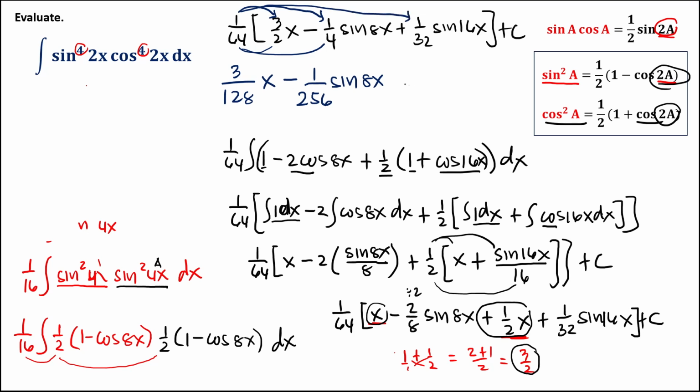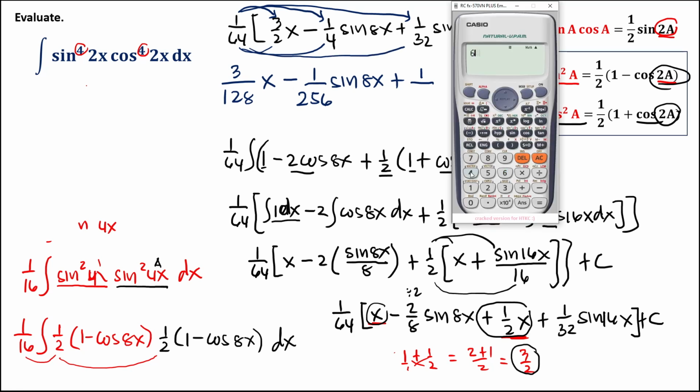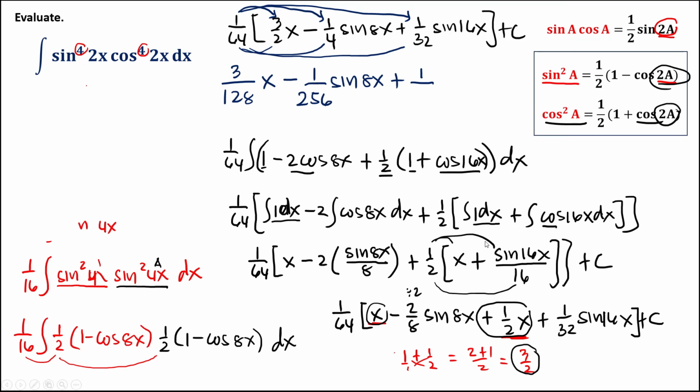Then for this term, plus 1 over 64 times 32. Since 64 times 32 is 2048, this is over 2048, then sine 16x, then plus c.